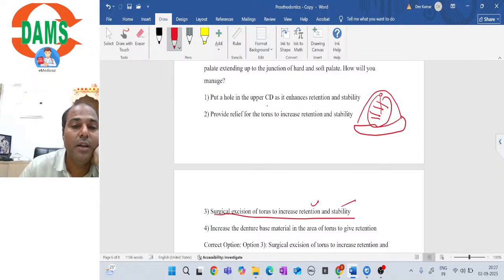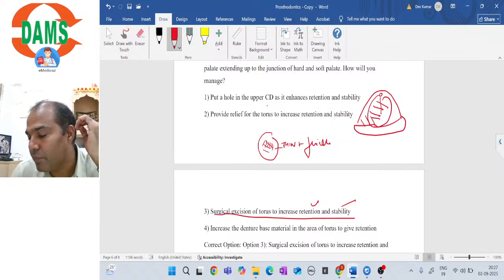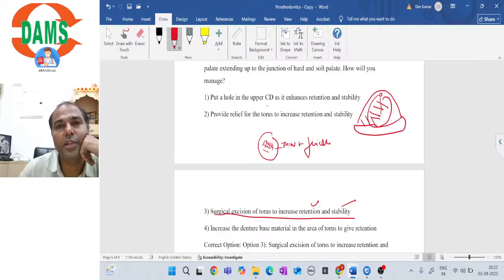Why? Because on the tori, first of all, the mucosa will be thin and friable. तो जब भी इस पे फोर्स पड़ेगा, चाहे आप कितना भी रिलीव कर दो, there will be some fulcrum, there will be some forces, and it might lead to pain, ulceration.